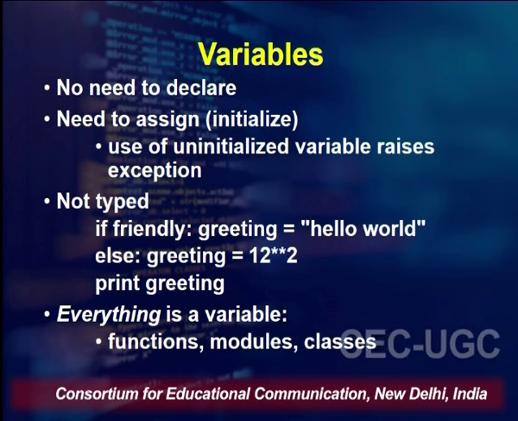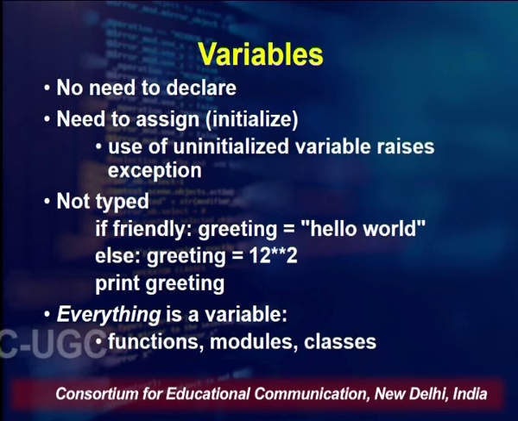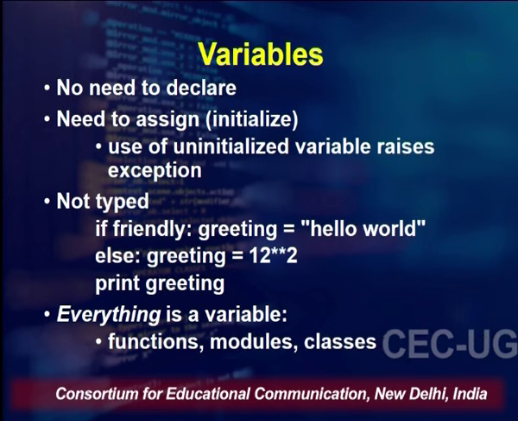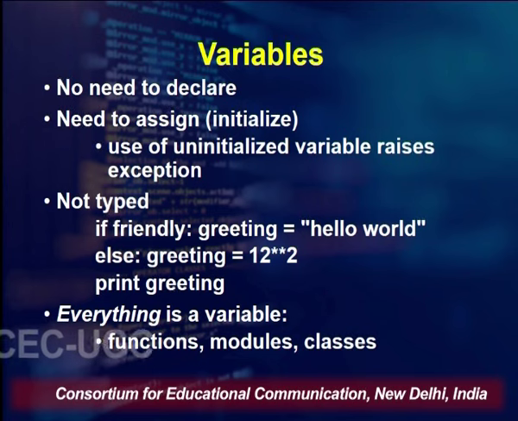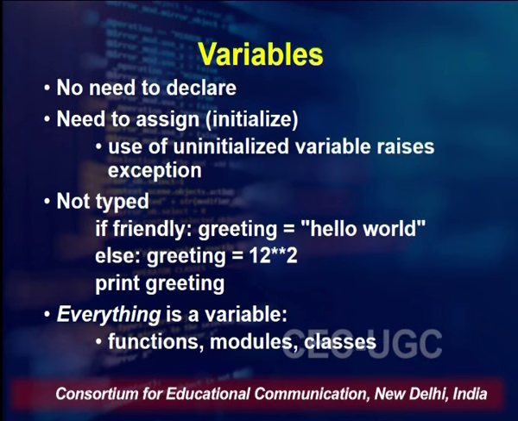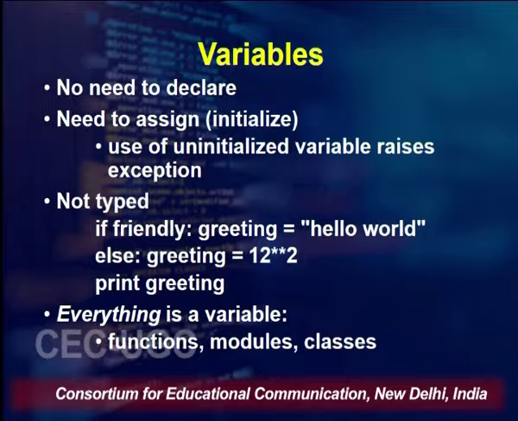In Python there is no need to first declare the variable before using it, but we need to assign or initialize the value, because using an uninitialized variable may sometimes lead to exceptions being raised by the language. So, we do not have to declare, but we definitely have to assign.